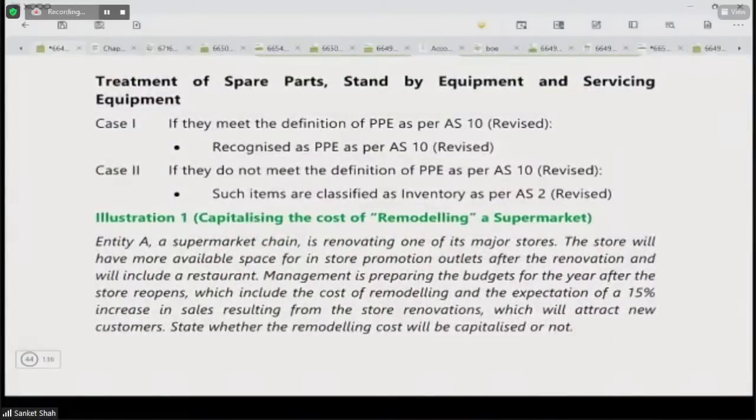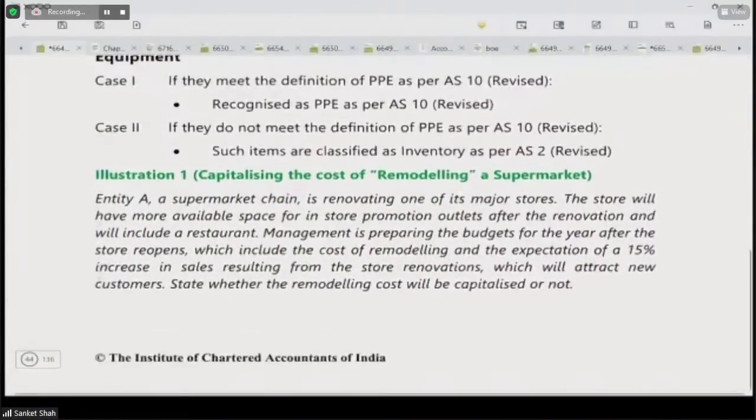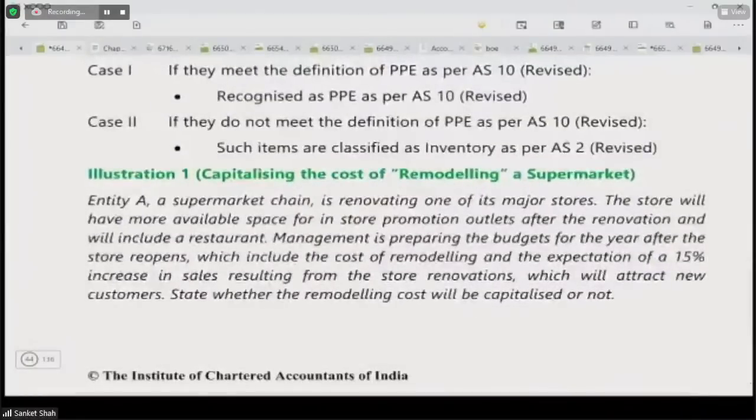Chalo, read illustration number 1. Read it and tell me the answer fast. You have to apply your logic, beta, after the explanation.